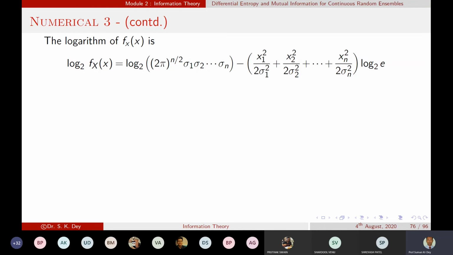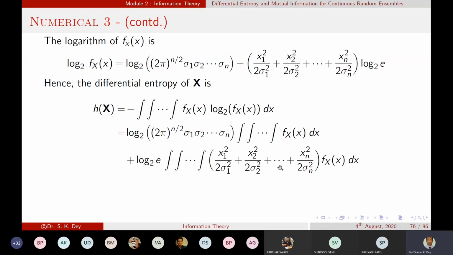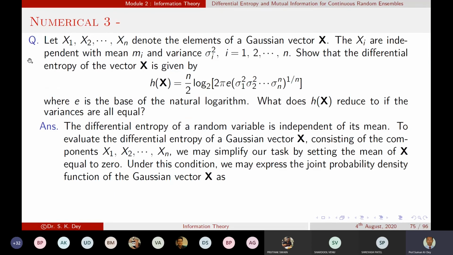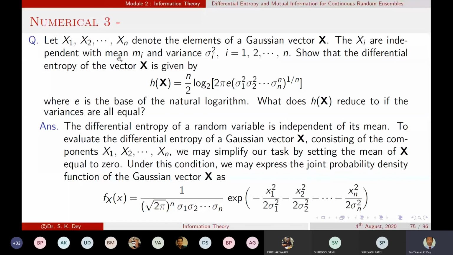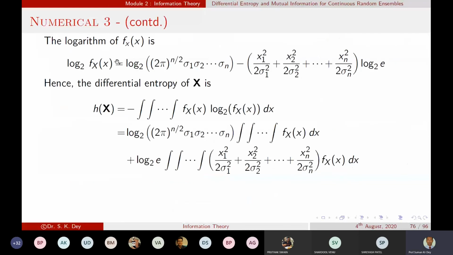Since there are n vector elements, we take the integration for each vector element. So we'll get this expression.